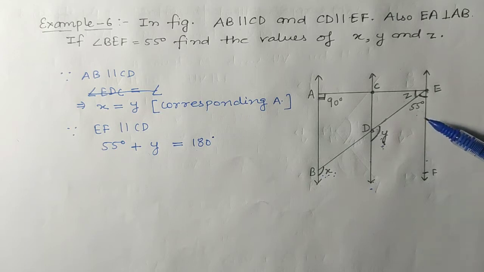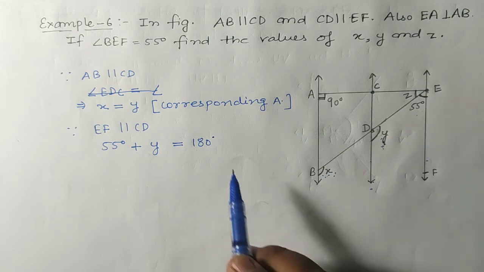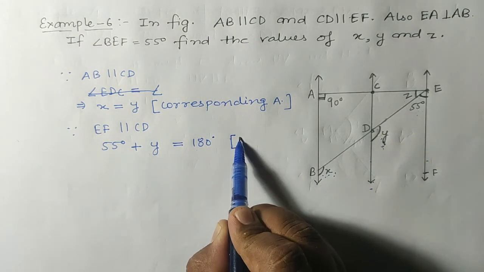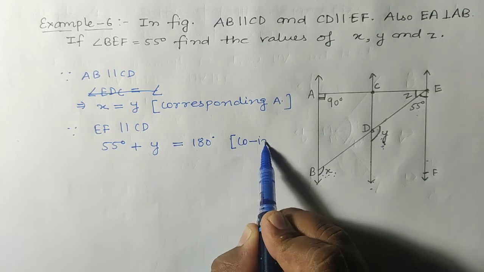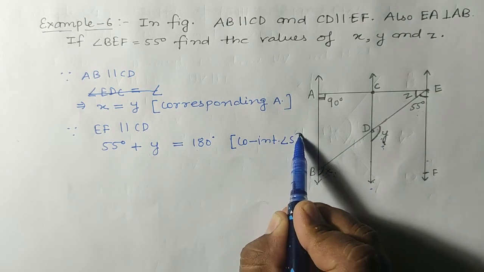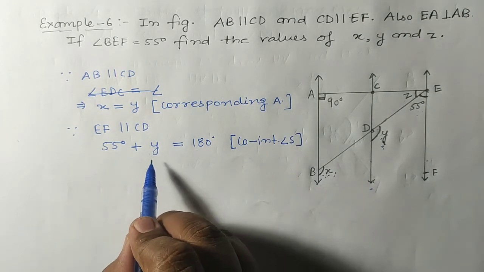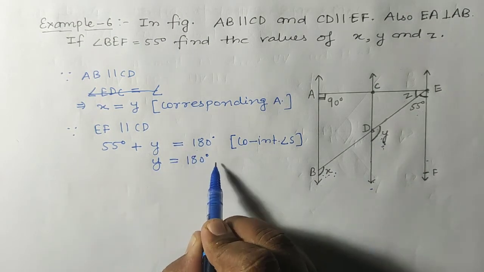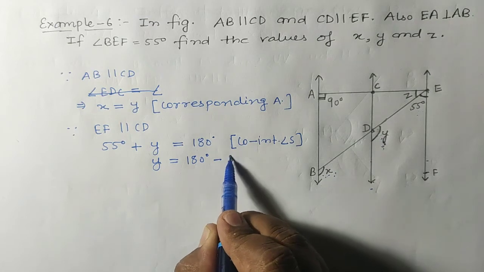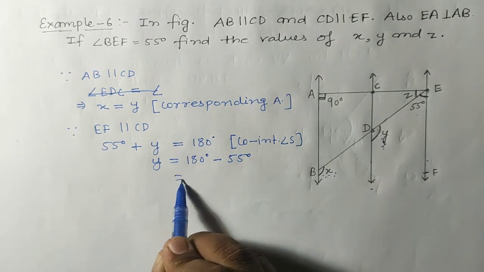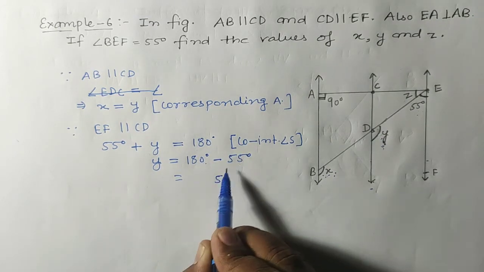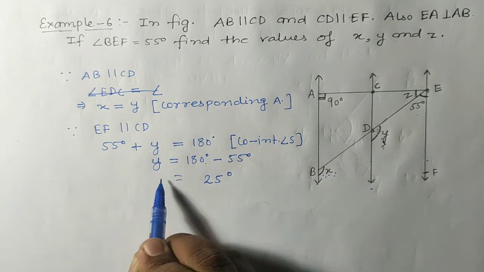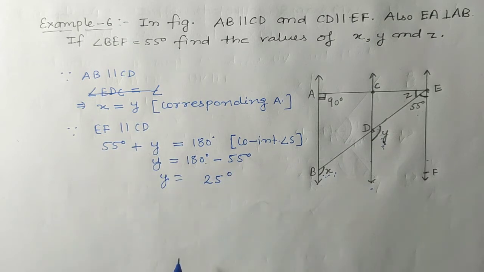What is the condition of co-interior angles? If two lines are parallel, then the sum of their co-interior angles is 180 degrees. So here we will write the reason, co-interior angles. From here we can get the value of Y. The value of Y will be 180 degrees minus 55 degrees. So it will be 10 minus 5, that is 5, 7 minus 5, that is 2. So basically Y will be 25 degrees.